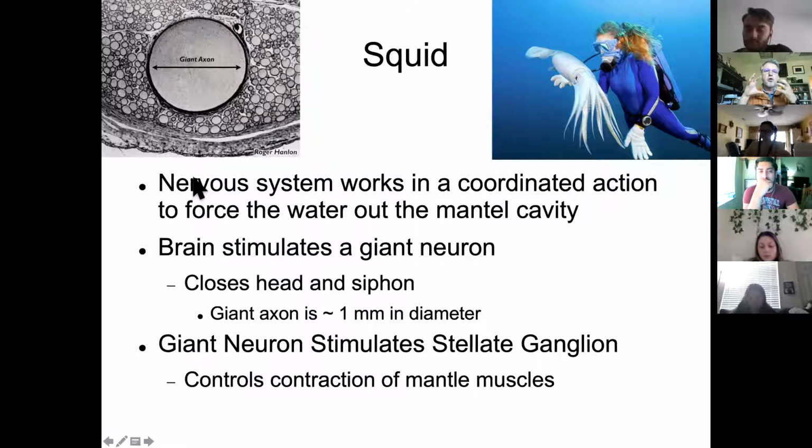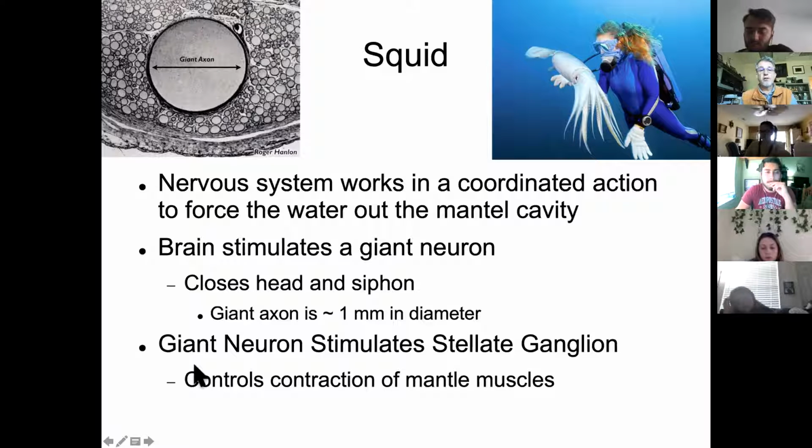And they use this in combination with other things in order to create a coordinated action in their mantle cavity so that they can force water out from the posterior of the animal through to the anterior of the animal and out the siphon.